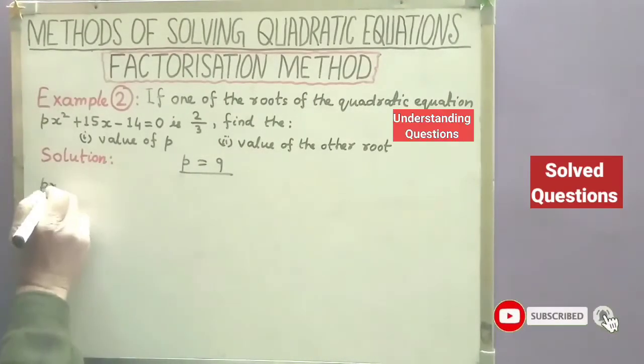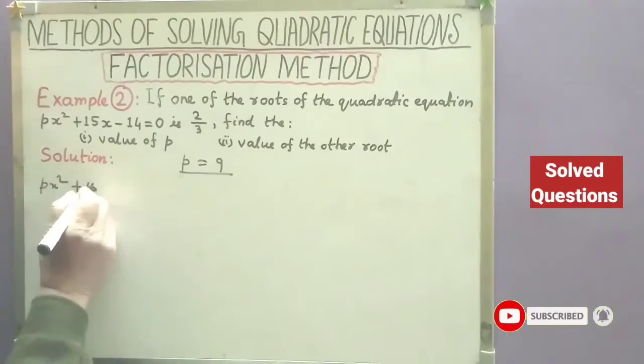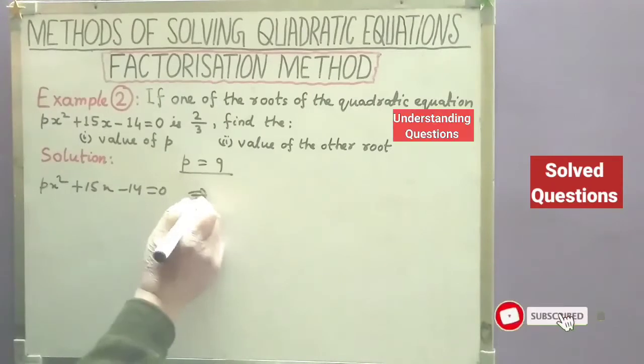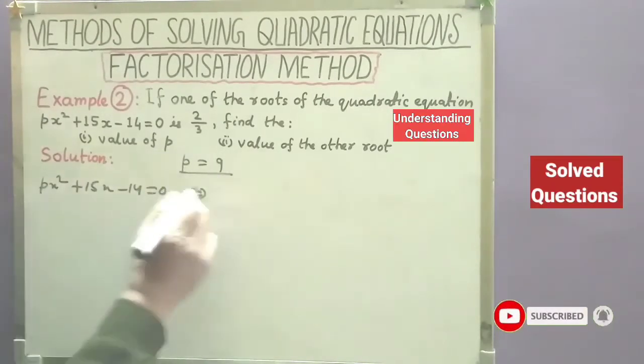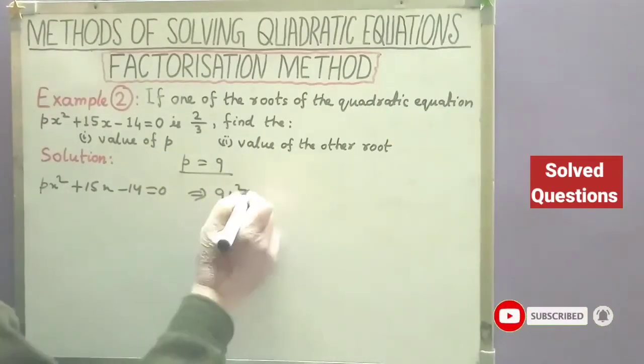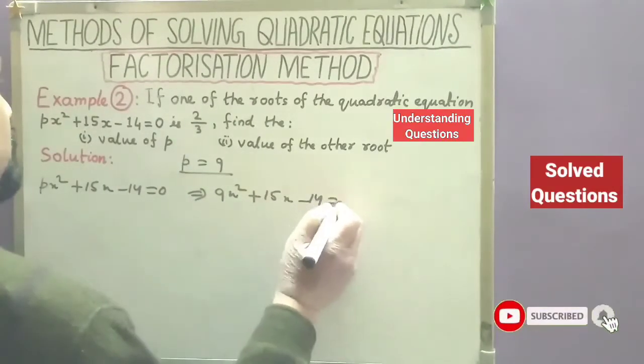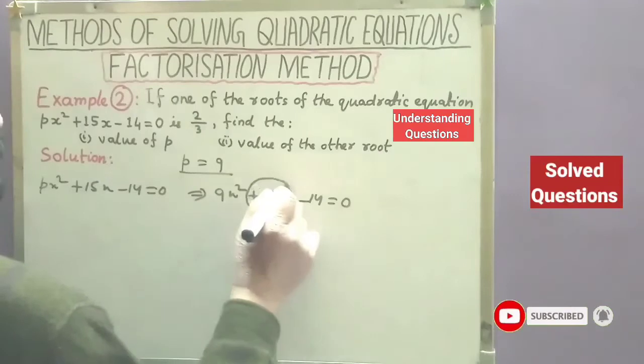For the second part, we have px square plus 15x minus 14 equal to 0. Putting the value of p equal to 9 in this equation, we get 9x square plus 15x minus 14 equal to 0.